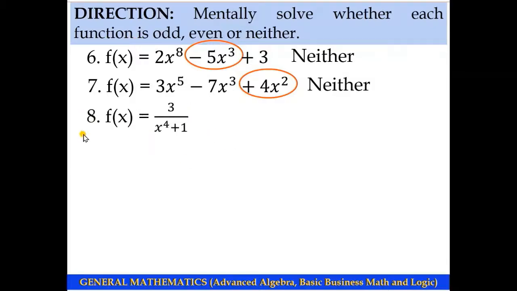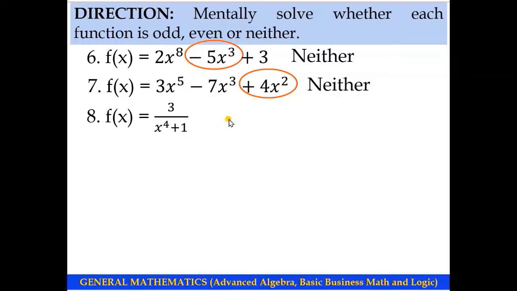Number 8. f of x is equal to 3 over x raised to 4 plus 1, and this is a rational function in which our numerator is a constant term and our denominator is a quartic polynomial of degree 4, and we do not have any other term which has the variable x, because we have only the quartic term and the constant term.